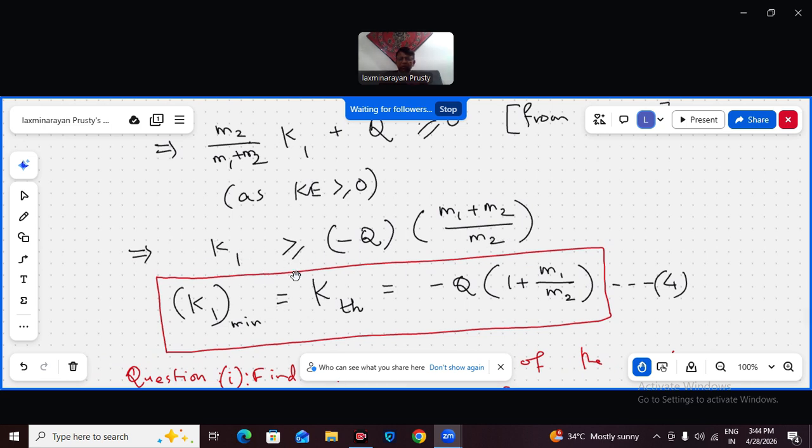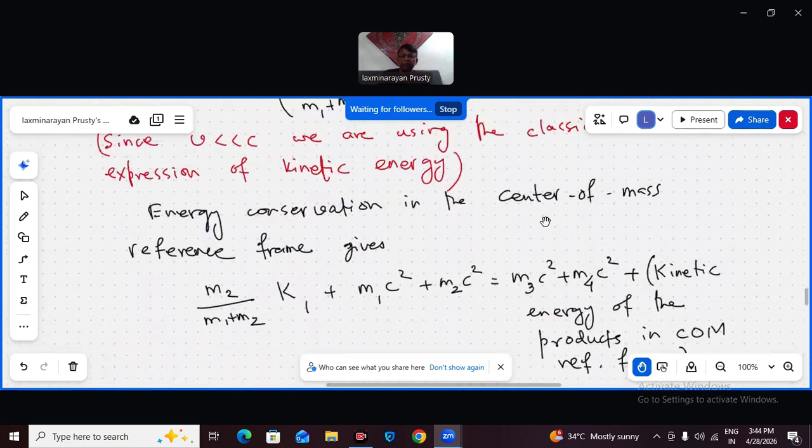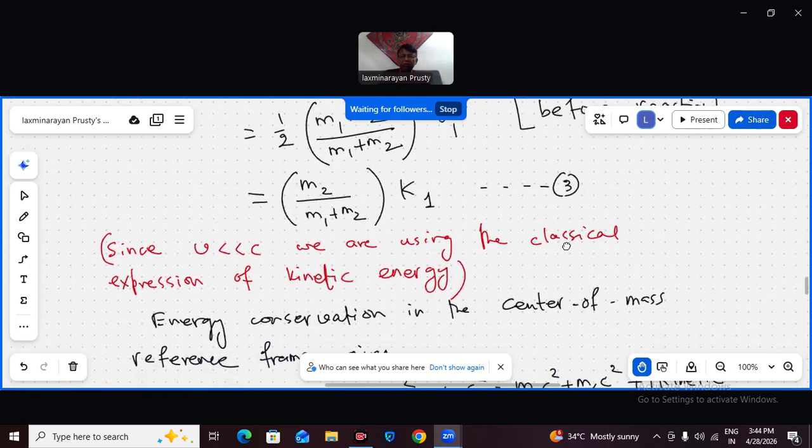Q is negative, so the negative automatically becomes positive. K1 minimum, the incoming projectile particle's minimum kinetic energy, is known as the threshold kinetic energy: minus Q into 1 plus M1 by M2. This is for the endoergic reaction only.